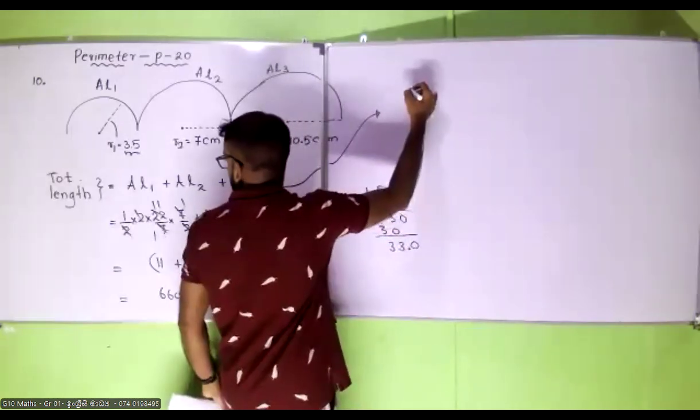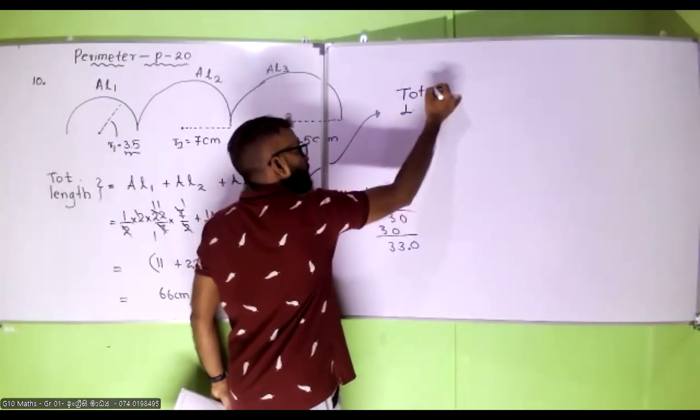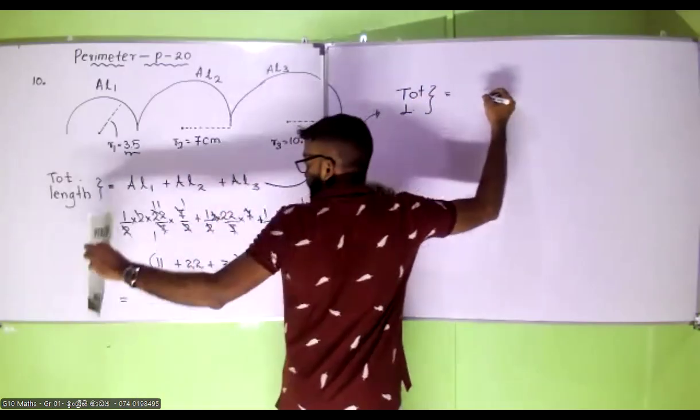So now you can write the total length like this. AL1.